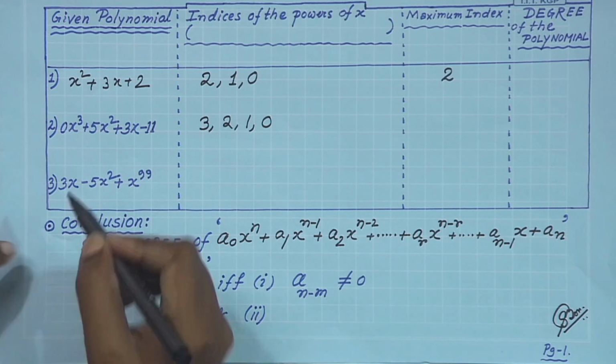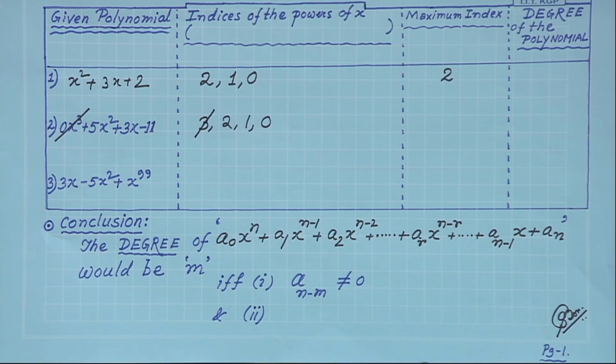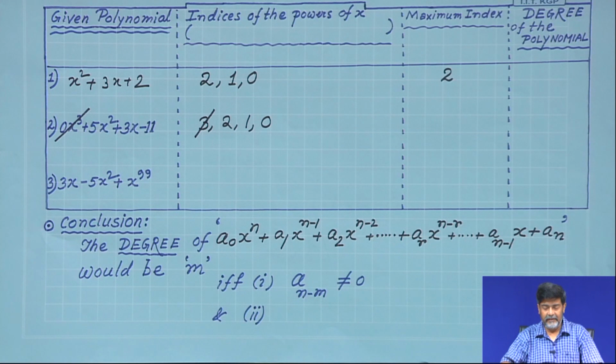So, do not consider this term to be included in the polynomial. Just forget about it. Okay. Then 3 will be cancelled. Yes, sir. 3 will be cancelled, and we are left with 3 numbers, namely 2, 1 and 0 for the remaining 3 terms. Okay. What is the maximum among these 3?